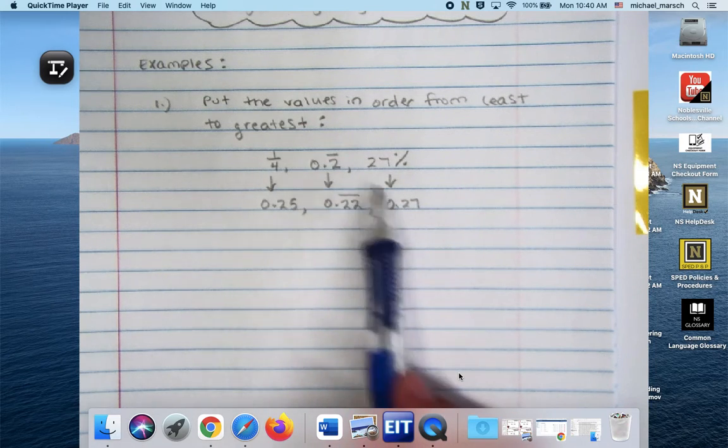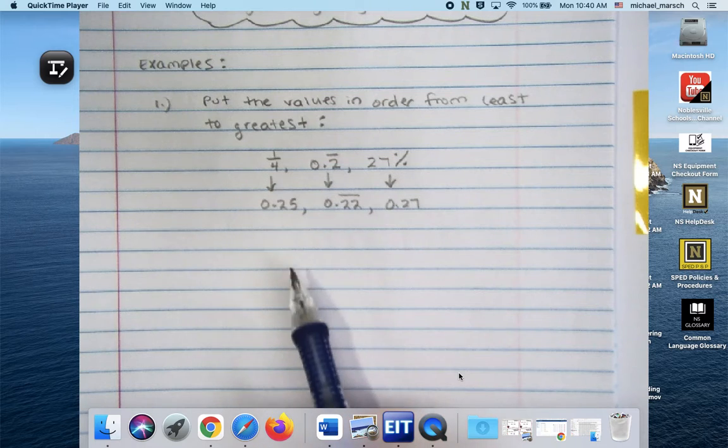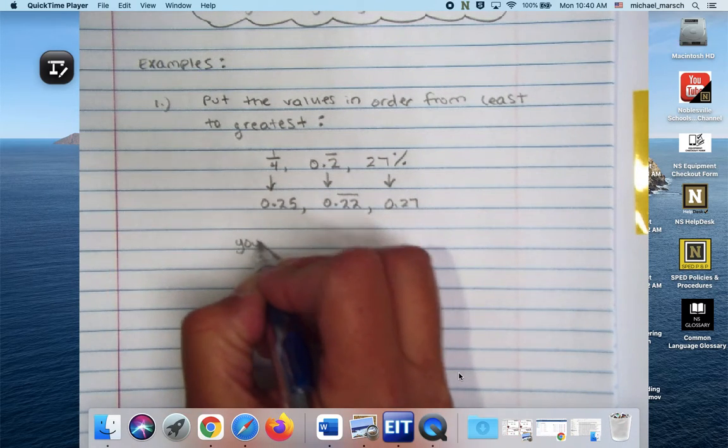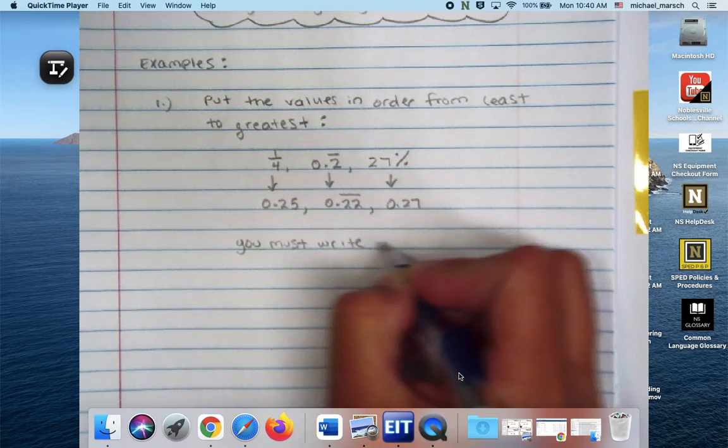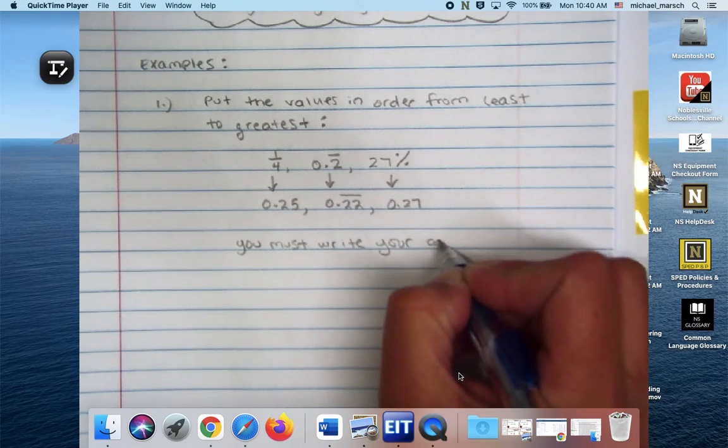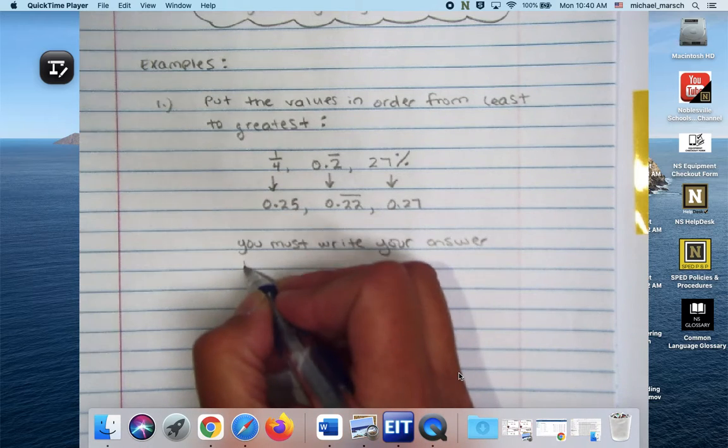We can think of this as money, right? So least to greatest, here's the catch though. You must write your answer in the original form.